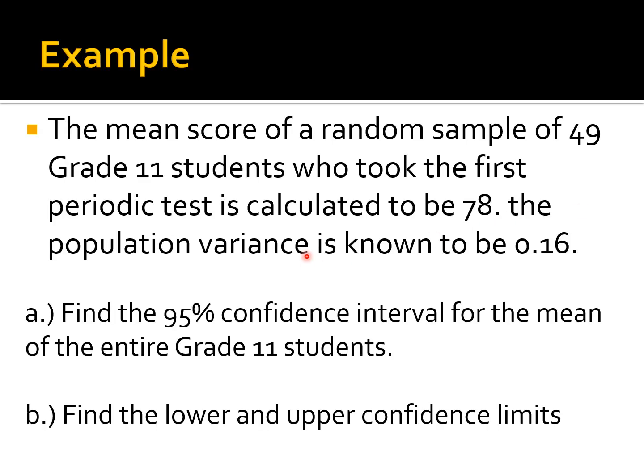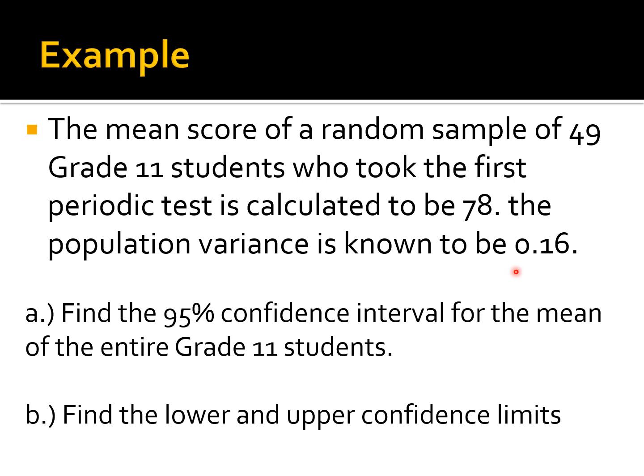Okay, let's have this example. The mean score of a random sample of 49 grade 11 students who took the first periodic test is calculated to be 78. The population variance is known to be 0.16. So our givens here are a sample size of 49, a mean of 78, and a population variance of 0.16. But what we will need later is the population standard deviation.